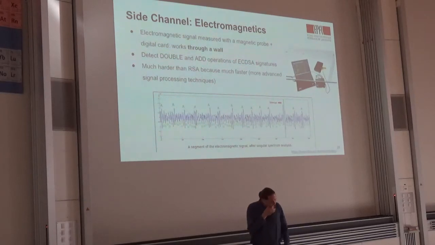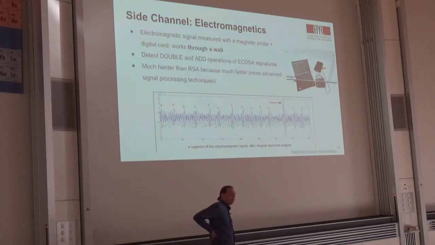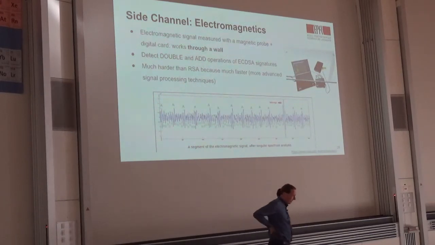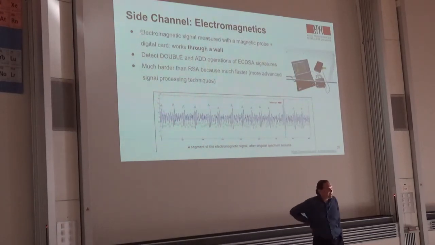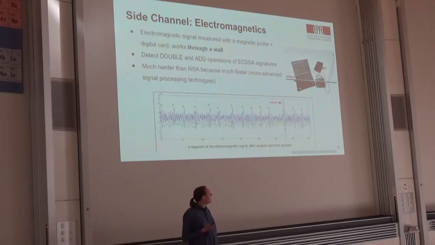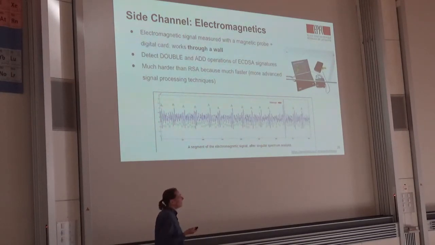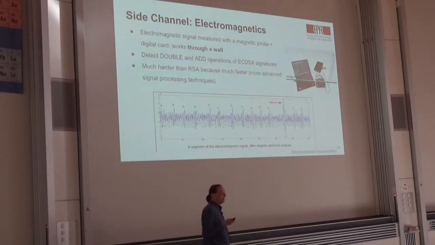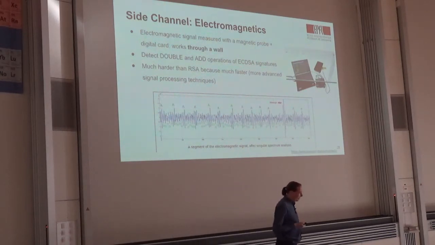So we've looked at timing channels in general, and the cache channel, and then the power channel. Let's look at the case of electromagnetic radiation. Radio waves. So this is another type of leak that happens accidentally all the time.